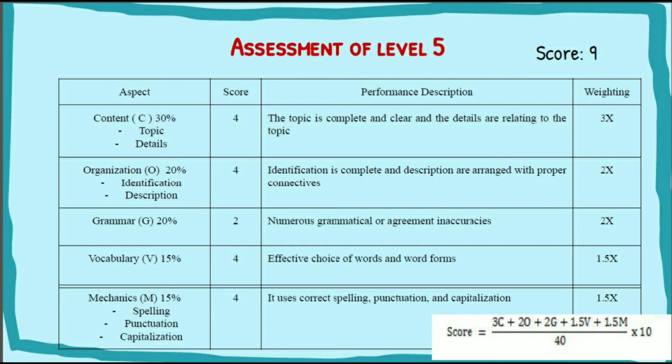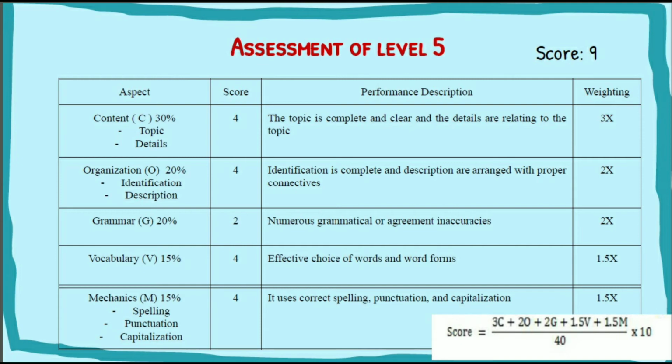As you know, there are 5 aspects, and for the content aspect, the score of this level 5 writing is 4.